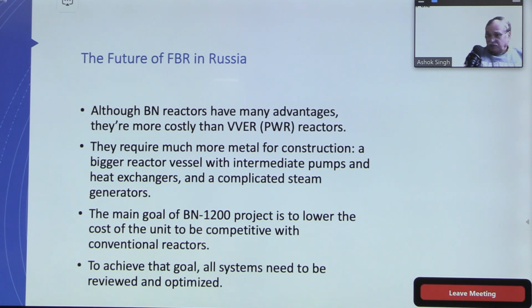So notice the Russian technology has also encountered many difficulties. It's not competitive, not cost effective. Indian technology is even more complex, so it will be even more difficult to develop. So you should not be very surprised at the fact that this has been highly delayed.